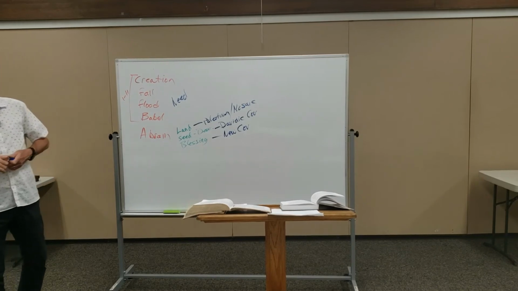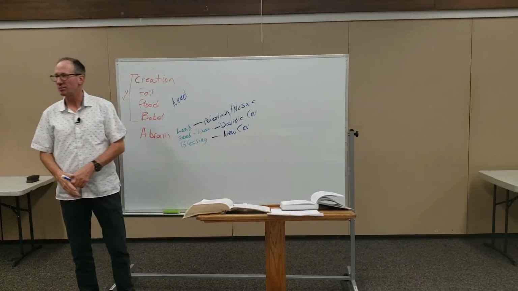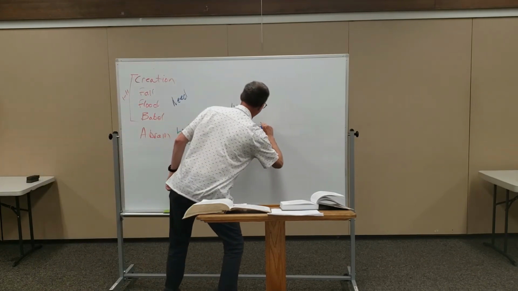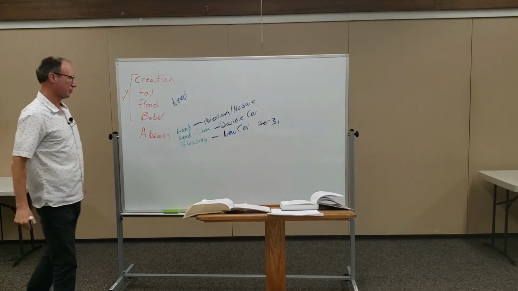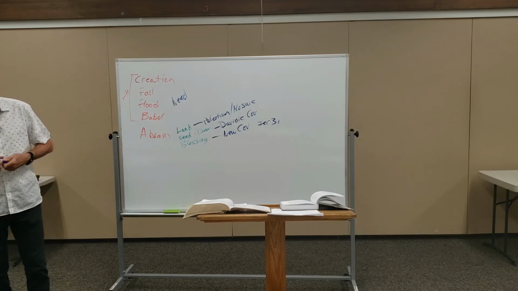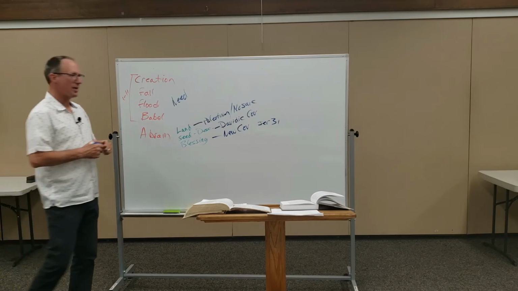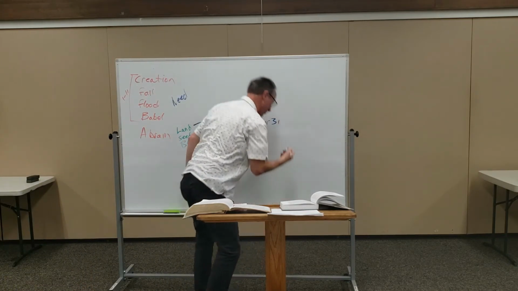Extra credit points here. Can anybody tell me where we go in the Old Testament to find the New Covenant? Jeremiah 31. Jeremiah 31, among other places. How about the Davidic covenant? 2 Samuel 7.